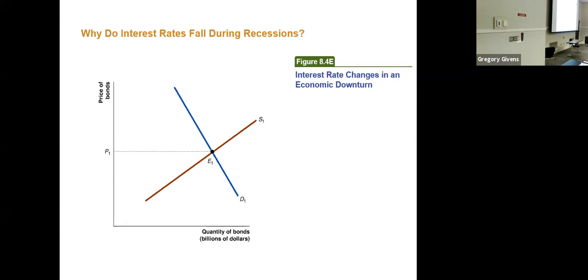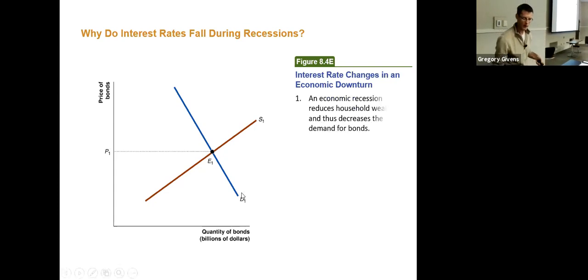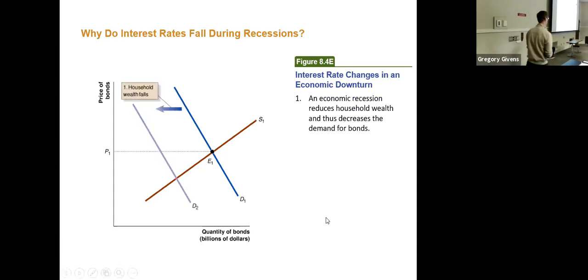Now, let's suppose that the economy enters into a recession. What do we know happens to the demand curve for bonds in that situation? As economic conditions decline, as employment falls, economic activity goes down, people's wealth falls, and that's likely to cause the demand curve for bonds to shift to the left, right?